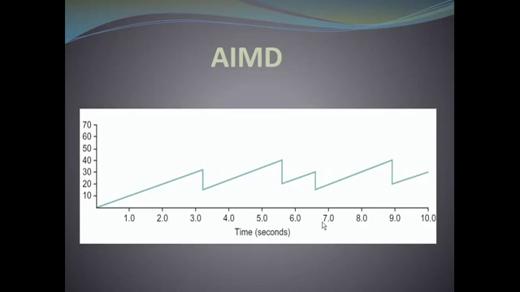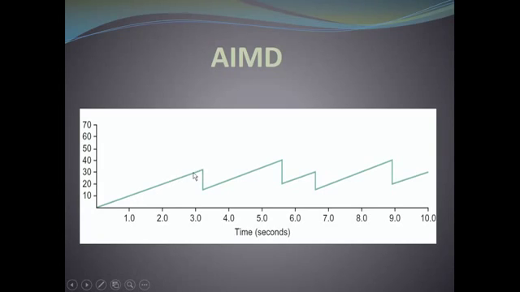Now, this pattern of continually increasing and decreasing the congestion window continues throughout the lifetime of the connection. In fact, if you plot the current value of the congestion window as a function of time, you get a sawtooth pattern. Here you can see that the congestion window size increases additively, meaning the size of the congestion window is increasing by 1.